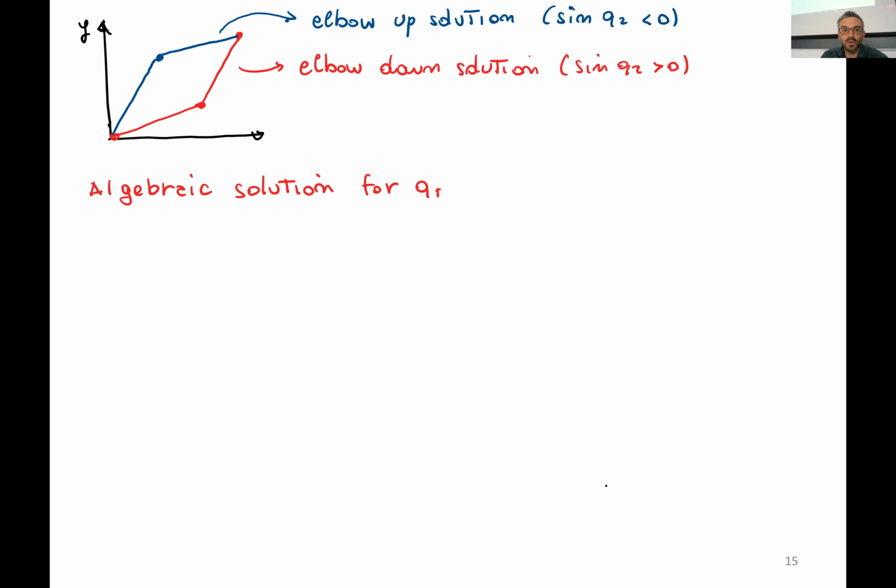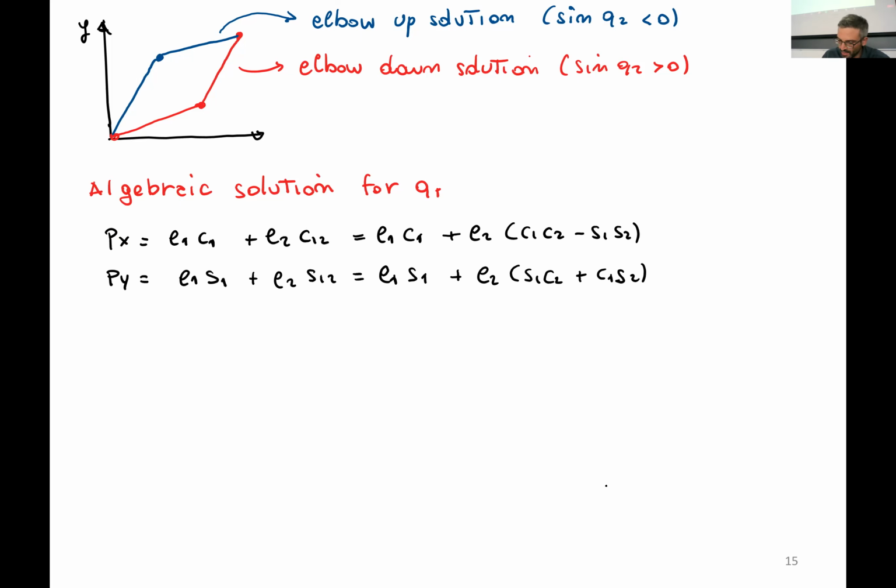And another approach we could use to solve the inverse kinematic problem in this case is an algebraic approach. So we can find, for example, in the case of Q1, employ an algebraic method looking at the forward kinematic relationship. If we look at them, we know that they are nonlinear in Q1 and Q2 because we have cosine and sine and so on.